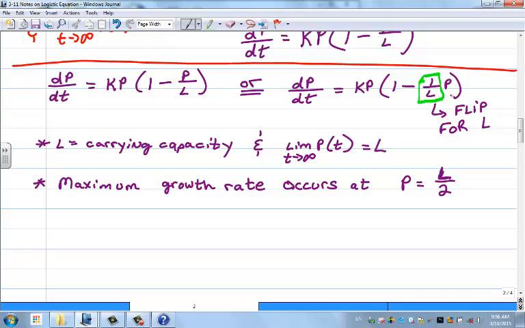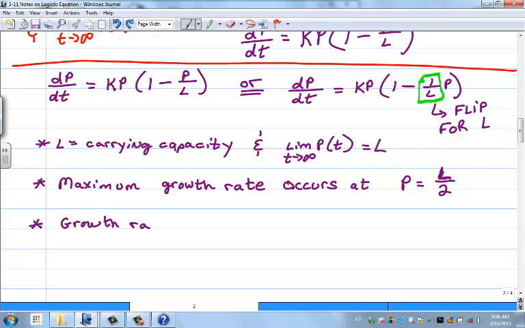Okay? Now, the growth rate of the population increases. Well, your P squared, if you multiply through this thing, P squared ends up being negative. So this is basically an upside down parabola, or a parabola that has a max. So what happens with a parabola that has a max? Well, it increases until you get halfway through, and then it decreases, right?